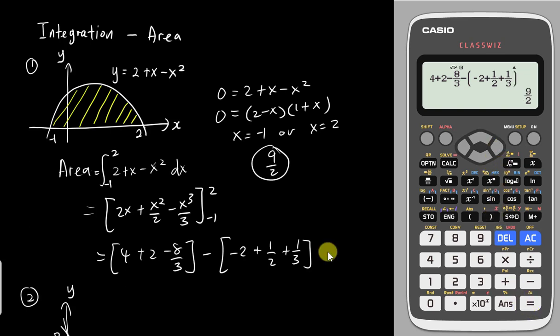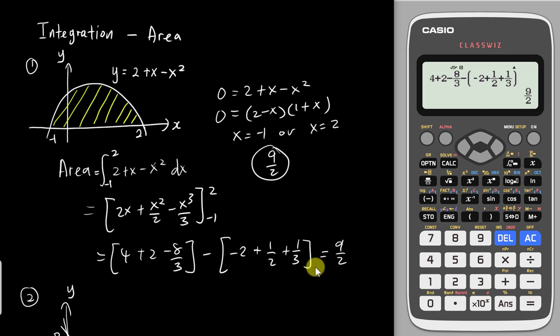The calculator tells me the final answer is 9/2, which I already got at the very beginning, because I can straight away get the answer just by using the calculator. But like what I said, the calculator is only to help you check the answer. In the exam, you cannot straight away write out the answer. Even though you can just use the calculator to get the answer, you still need to show this kind of working.